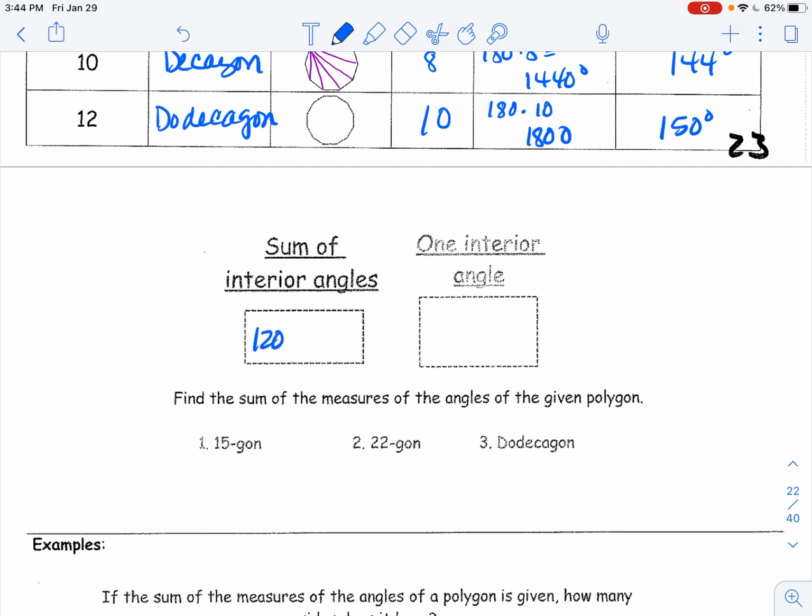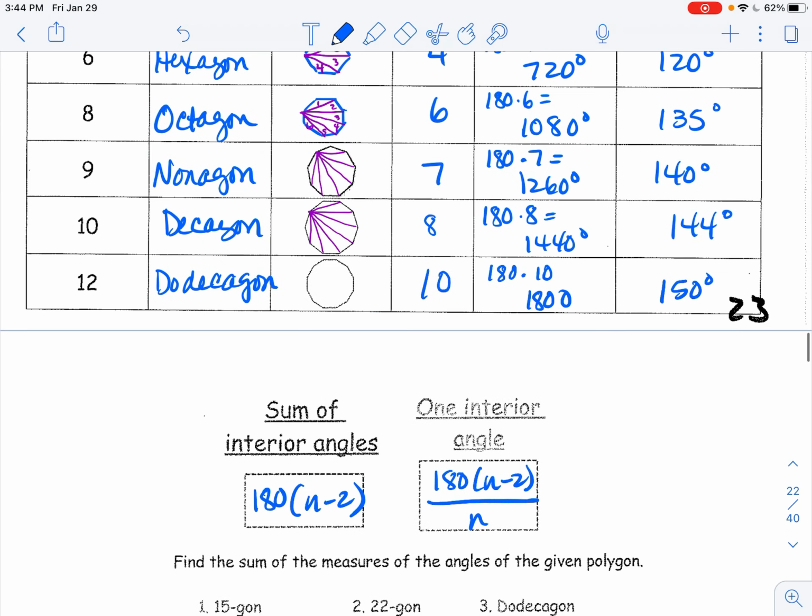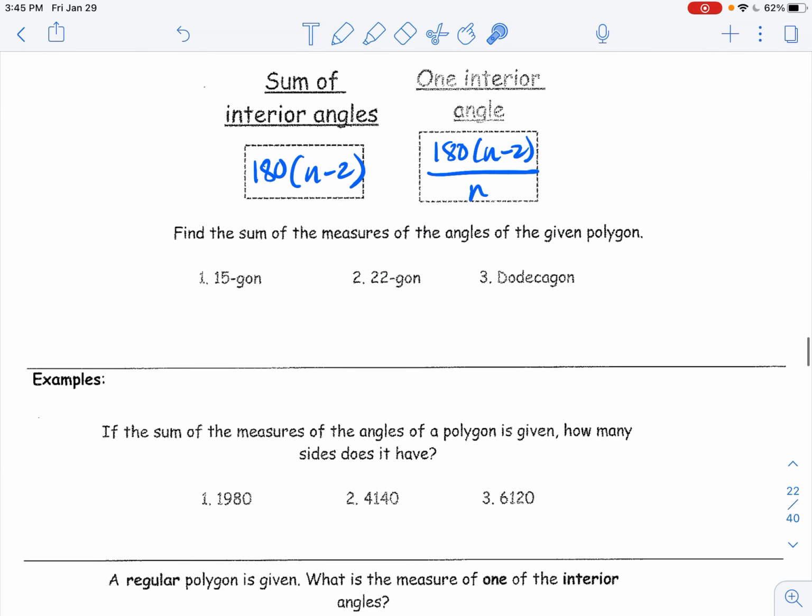So it's 180 times n minus 2, the number of sides minus 2. And then to find one of those angles, wow, I wrote a 120. I meant to put 180, sorry. 180 times n minus 2 divided by the number of sides. And that's what we did in each of these values over here. We divided by the number of sides to get this.